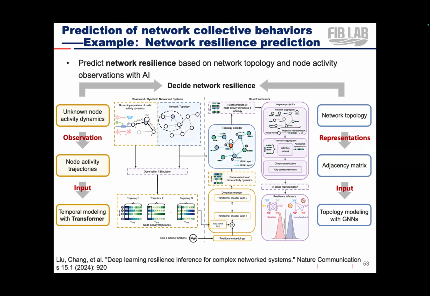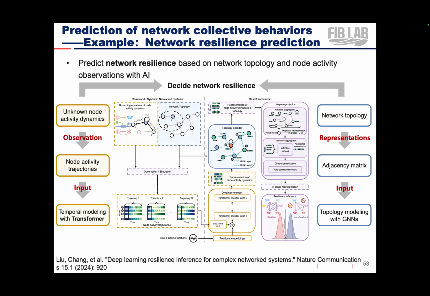The authors of this paper break the resilience prediction task into two parts: a GNN for topology encoding and a transformer for temporal trajectories. By fusing these two parts of information, it predicts network resilience even when interaction dynamics are unknown.